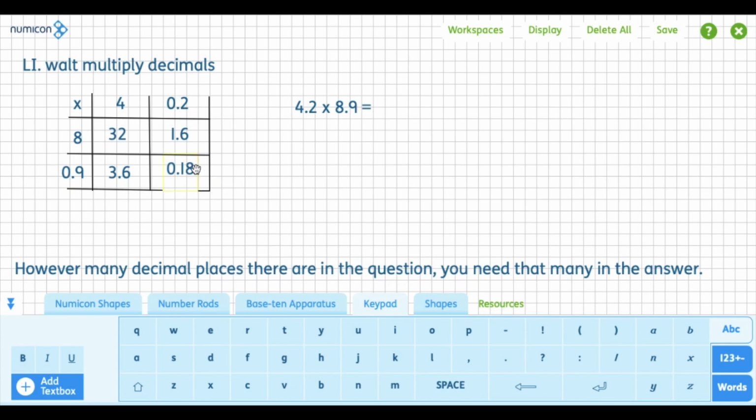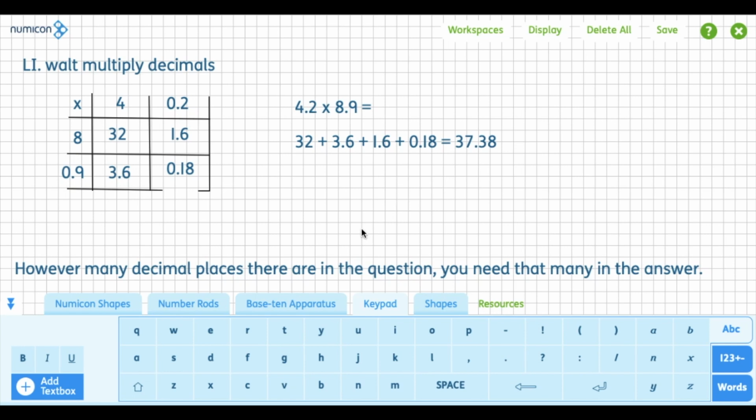All right, and then all we have to do is add it all together. So 32 plus 3.6 plus 1.6 plus 0.18. So 35, 36, 37.2, 37.38. So 37.38 all together.